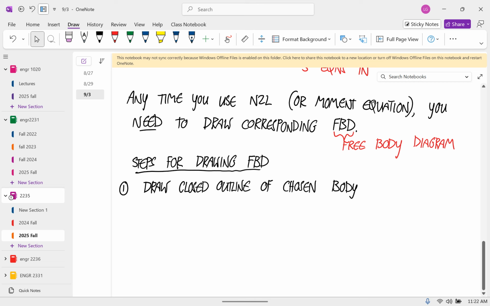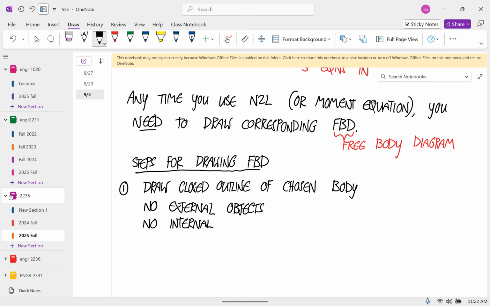And this should have no external objects in it. And no internal details. All you're trying to do with this outline is draw a very clear distinction between stuff that's in the in crowd and stuff that's out of the in crowd, you know?